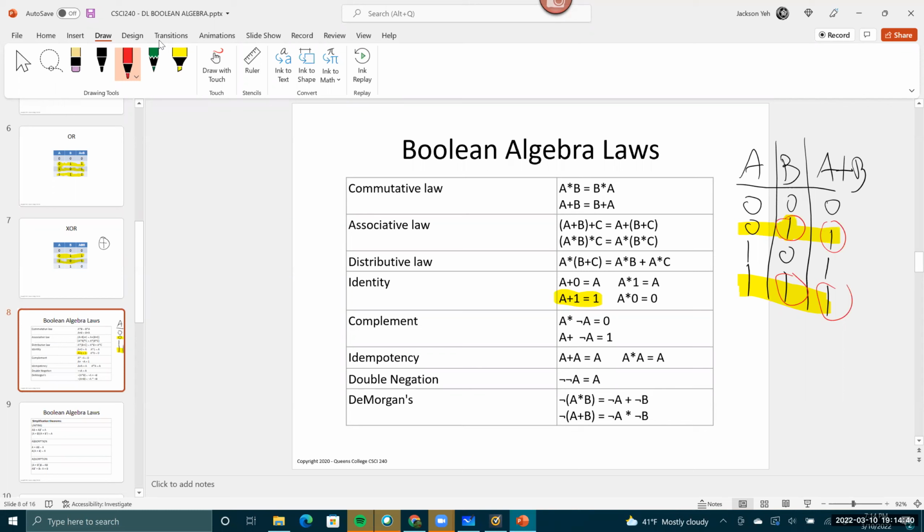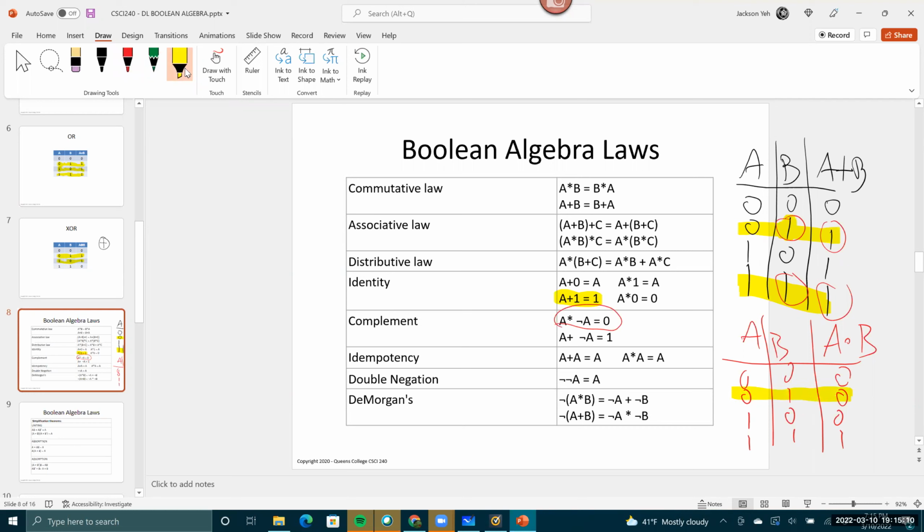Complement. Complement just acknowledges A and not A equals 0, or A or not A equals 1. So these can be very easily proven just by using a truth table again. Let's do the A and B. 0, 0, 0, 1, 0, 0, 1, 1, 0, 1, 0, 1. Okay, so if we're trying to prove this one, essentially this is saying we're A and something that's not equal to A, so they don't have the same value.